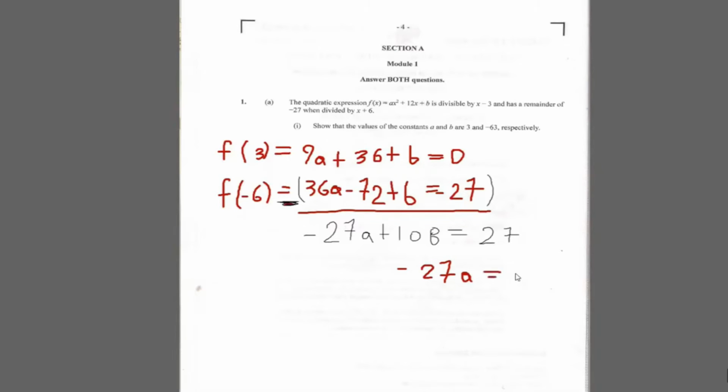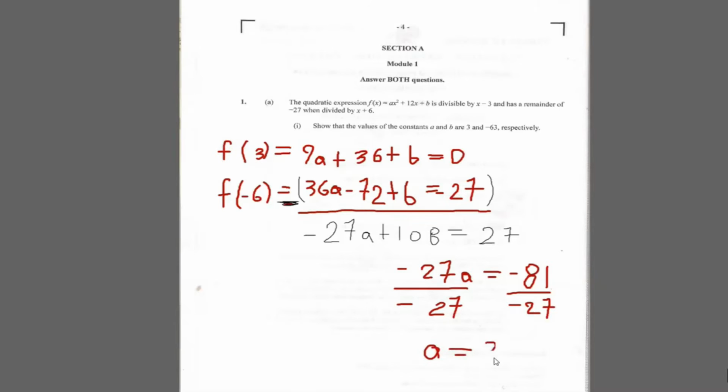I had to put it in my calculator. I know it is disappointing. We should all know this out of our head. And so now you divide both sides by negative 27, and so you get a is equal to 3.